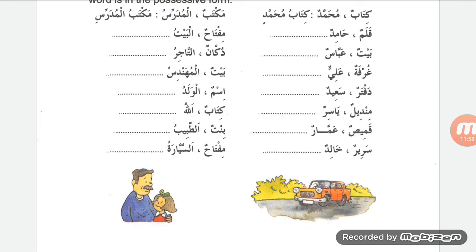The item that is possessed is Kitab, the book, and the possessor here is Muhammad, and the final letter of the possessor will have the i'rab of jar, which is the kasra. So here you see Muhammadin.